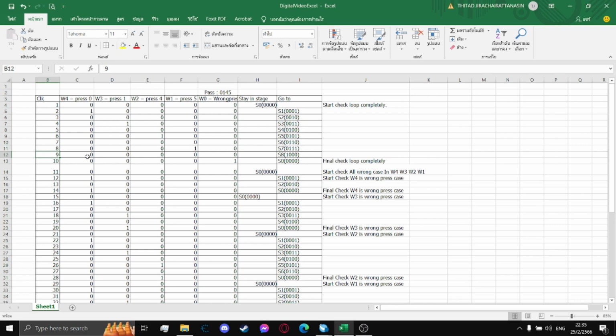And clock 9, when you do not press, it will go to state 8 immediately. And clock 10. In clock 10, when you press some button, it will reset and go to the start state, state 0.